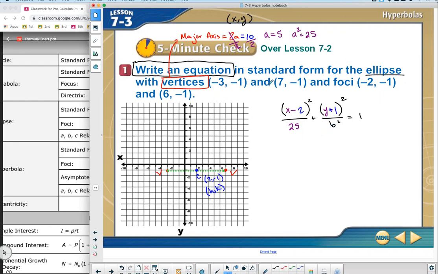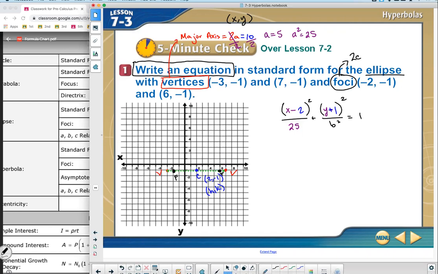So we found all that information, 3/4 of the answer based off vertices. Now it says foci. Foci, if you remember, are the reflection points. I want you to associate in your brain that foci is going to give you your 2C. So these points are left 2, down 1. There's a foci. And right 6, down 1.